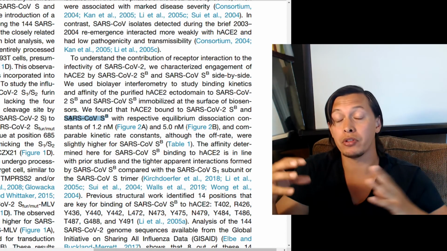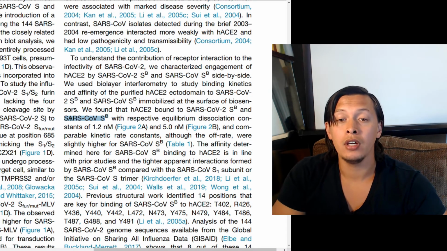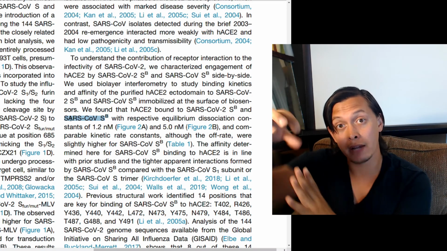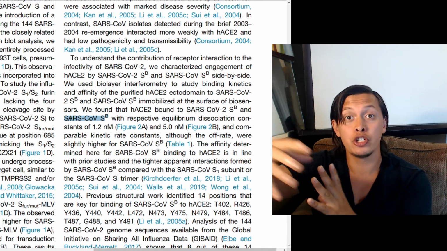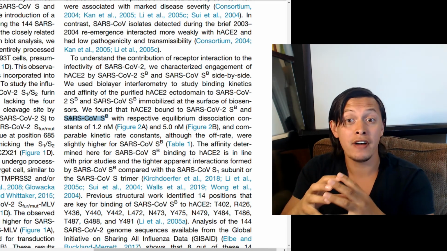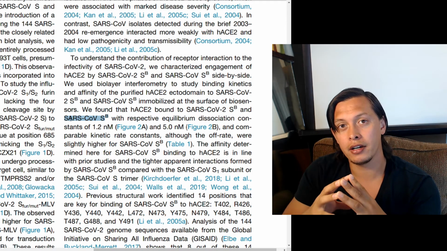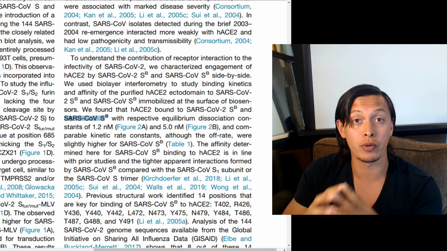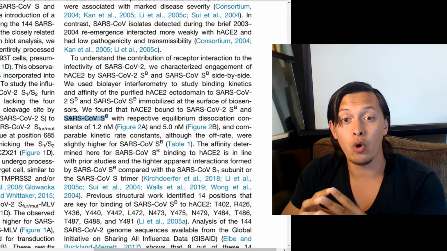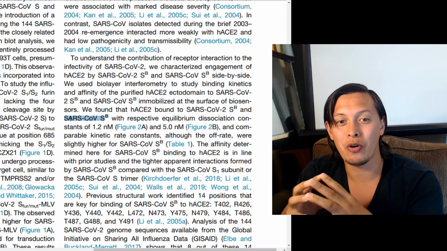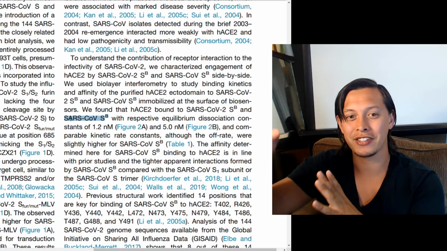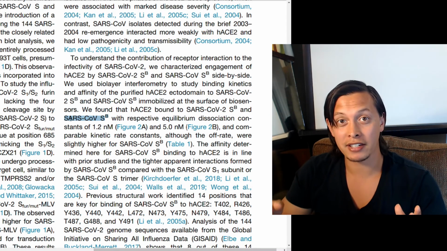So what they're saying is, you need about 4 times as much ACE2 receptor to bind with half of the original spike glycoprotein of the original SARS, and you only need 1.2 of that to have the same effect on this new coronavirus.